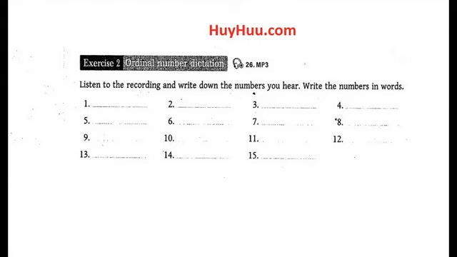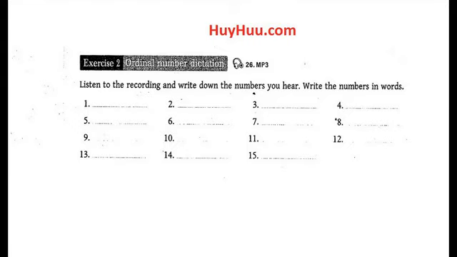Number 5, ninth. Number 6, seventh. Number 7, 18th. Number 8, 40th. Number 9, 50th. Number 10, 90th.